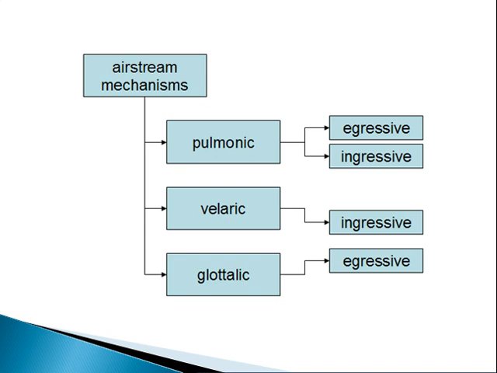In English, in Malayalam, and in most languages, almost all human speech sounds are produced using pulmonic egressive airstream mechanisms. There are other airstream mechanisms. Pulmonic is also ingressive. Velaric has egressive and ingressive. Glottalic also has egressive and ingressive. But the sounds that we produce using the other five airstream mechanisms are very few, and sometimes nil.